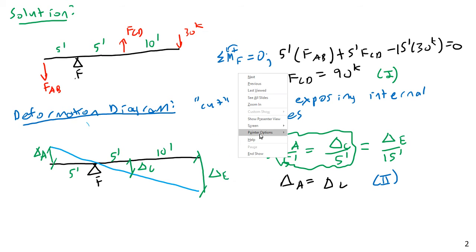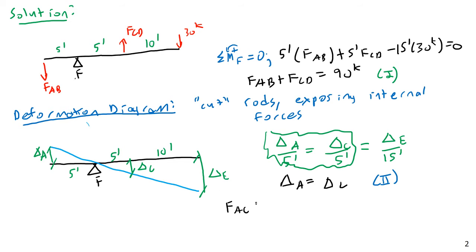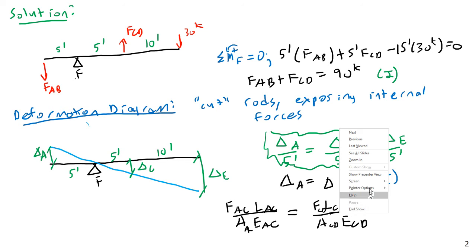So if I work through the equations of axial deformation, and again this is purely load-based deformation, we're not dealing with any temperature effects, I say F_AC times L_AC over A times E_AC equals F_CD times L_CD over A_CD times E_CD. Basically, the L's are the same for each of these, the E's are the same, and the A's are the same.